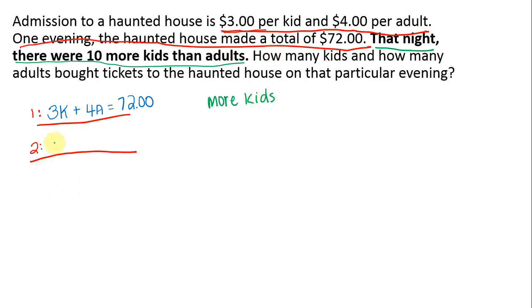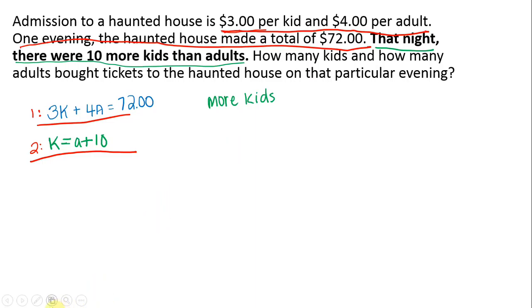So if I were to write an equation for that, I would have to show that K was more than A. And so I would show that by putting K equals A. To show that it's more than A, I would put plus 10. Those are my two equations.